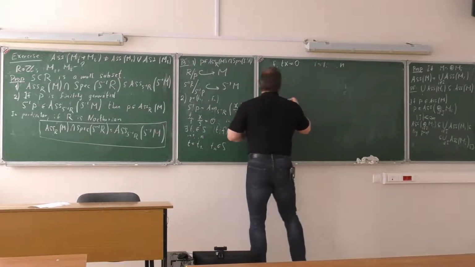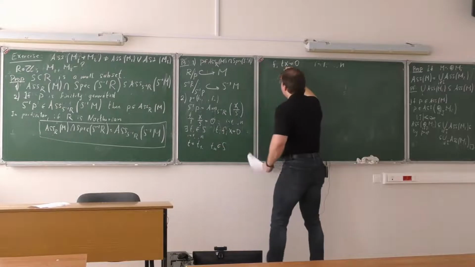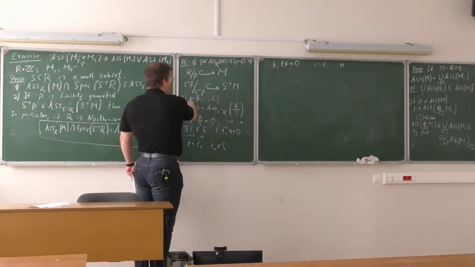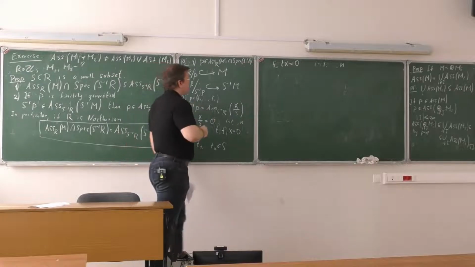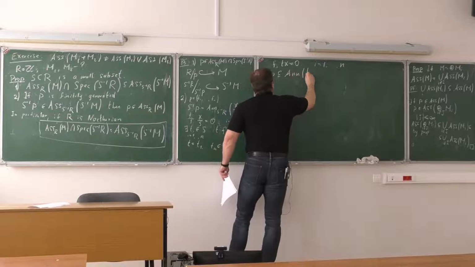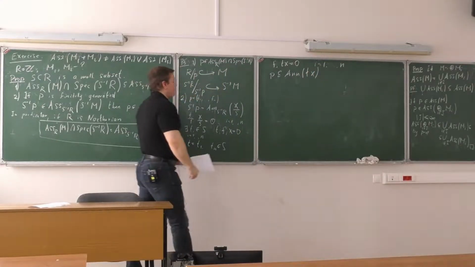So any f_i annihilates element t x. So it means that if any generator annihilates element t x, then the ideal P annihilates element t x. So we get such an inclusion.